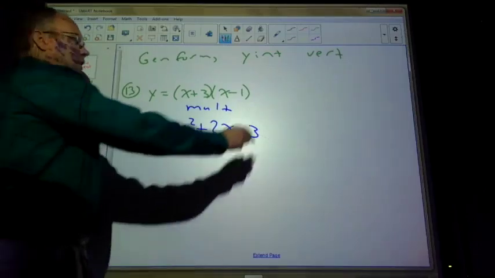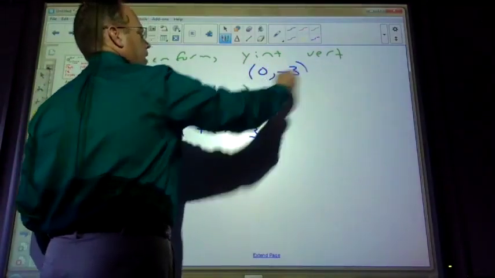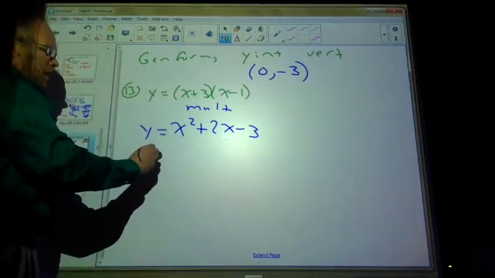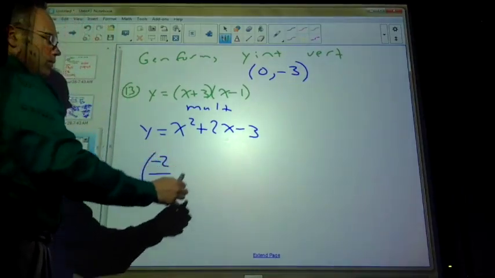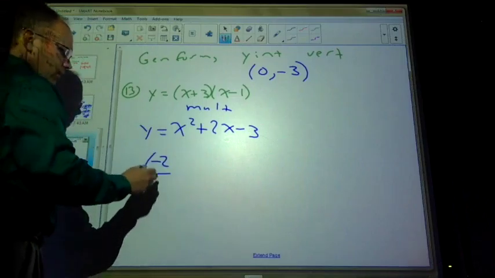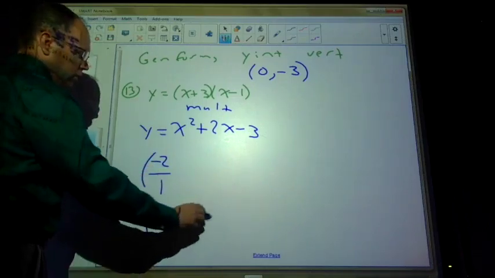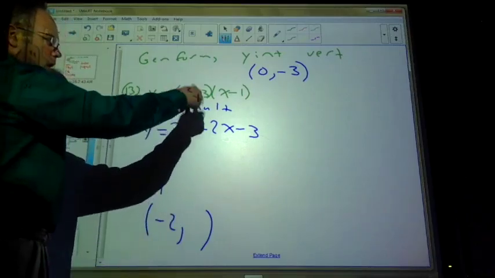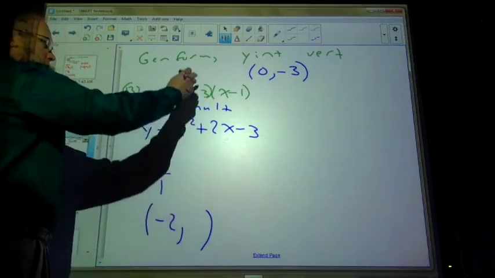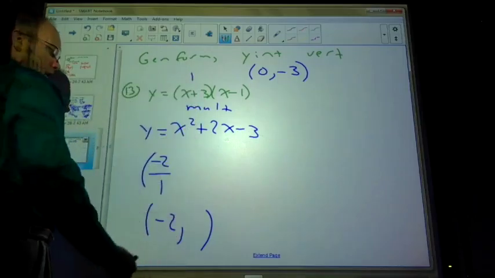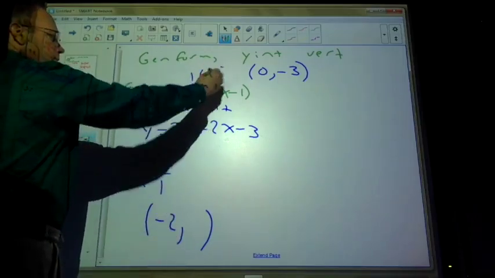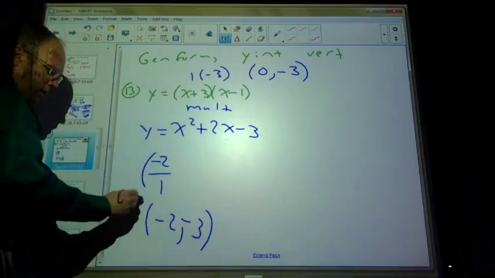Our y-intercept should be easy. At that point, it's negative 3. Vertex, we've got negative b over 2a, so the x of the vertex is negative 1. Plug that in, I can plug it in anywhere. I'll plug it in here. So it's negative 1, negative 4. There's our vertex.